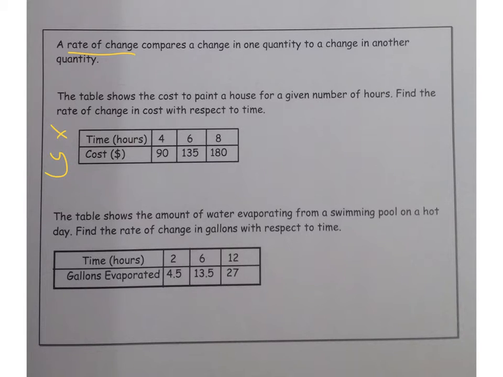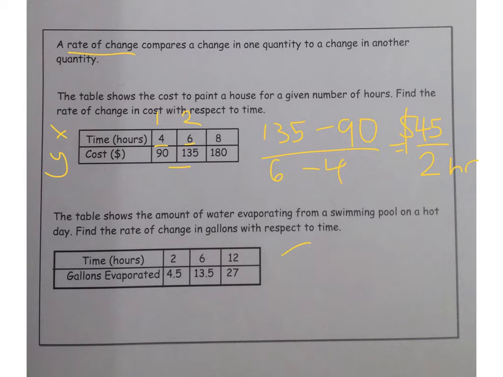Now I'm just going to plug in this as being my point 2 and this is my point 1. So I'm left with the change in y, which is going to be 135 minus 90, over the change in x, which is going to be 6 minus 4. So that's going to be 45 over 2.